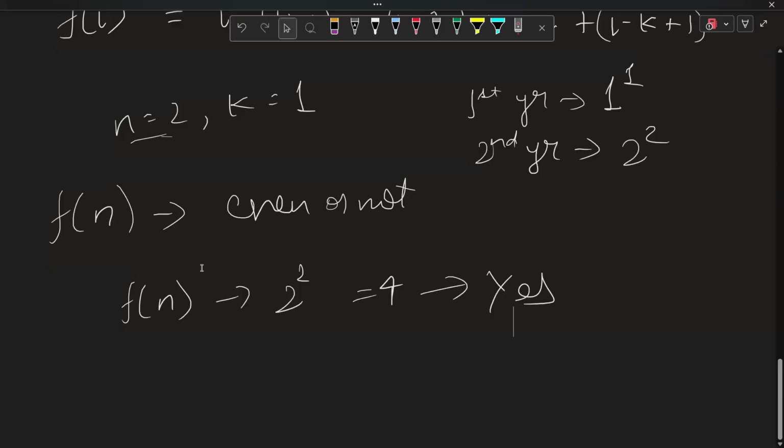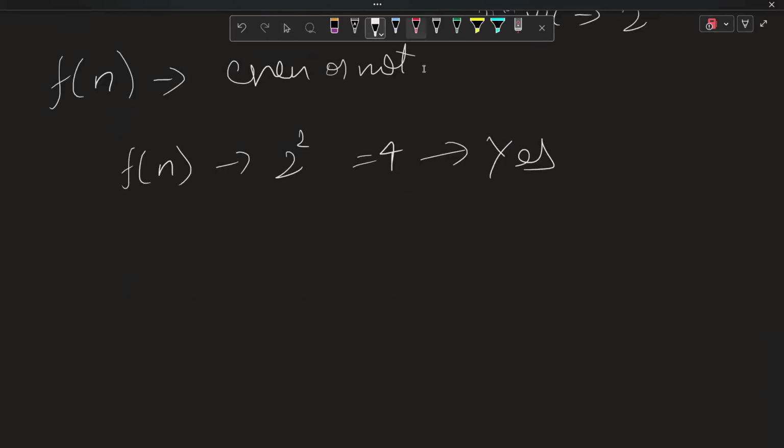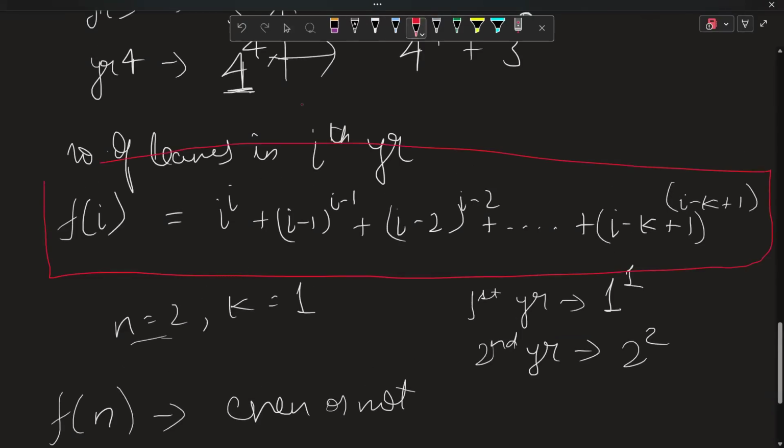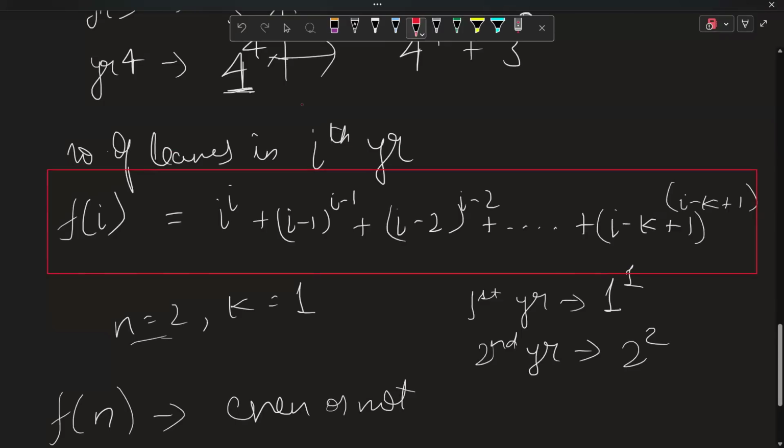So in the code, we need to find whether this f(i) that I wrote is even or not; you can replace i with n. How can we find this?